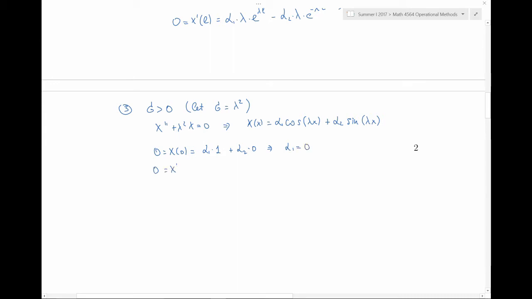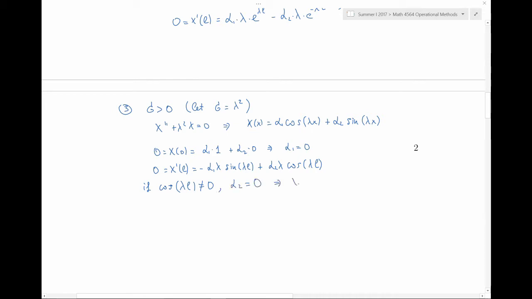Also, the derivative at x equals L should be 0. If I compute the derivative, I get minus alpha 1 lambda sine of lambda L plus alpha 2 lambda cosine of lambda L. Since alpha 1 was determined to be 0, if cosine of lambda L is not equal to 0, then alpha 2 should be 0.